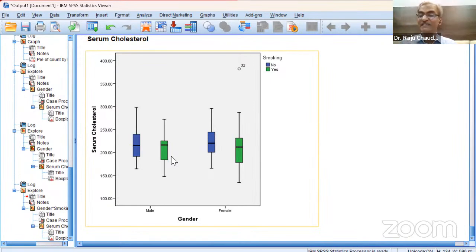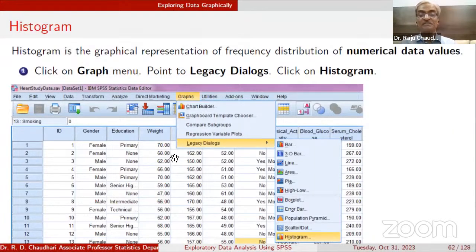Based on that, you can explore your data and analyze your data using statistical tools. In hypothesis testing also, in regression also, when to use which variable is the most important part of statistics, right?